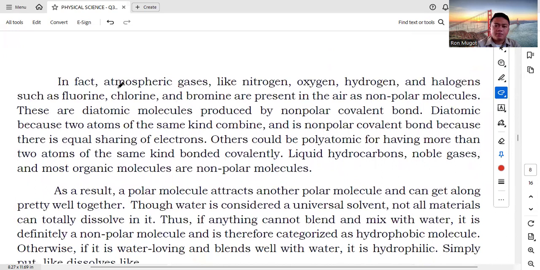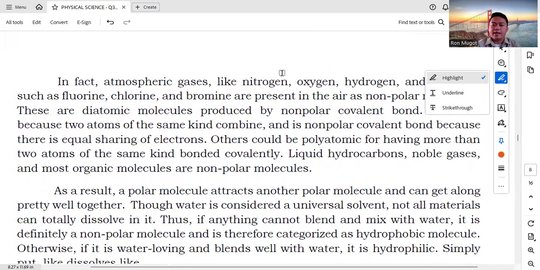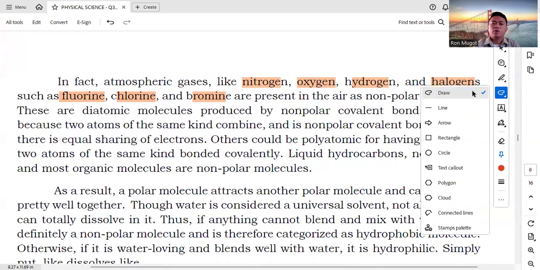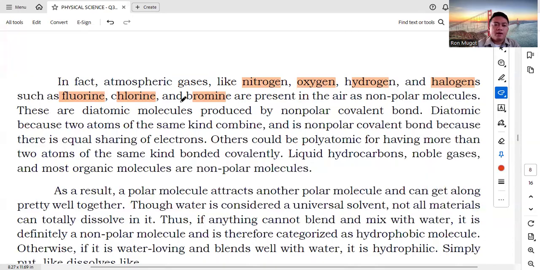In fact, atmospheric gases like nitrogen, oxygen, hydrogen, and halogens such as fluorine, chlorine, and bromine are present in the air as nonpolar molecules. These are diatomic molecules produced by the nonpolar covalent bond.